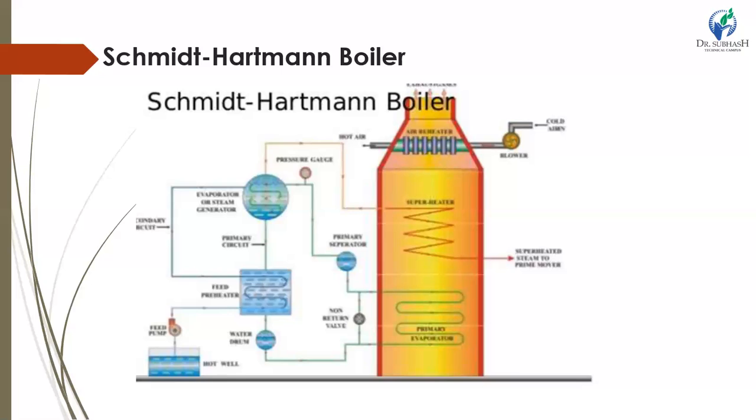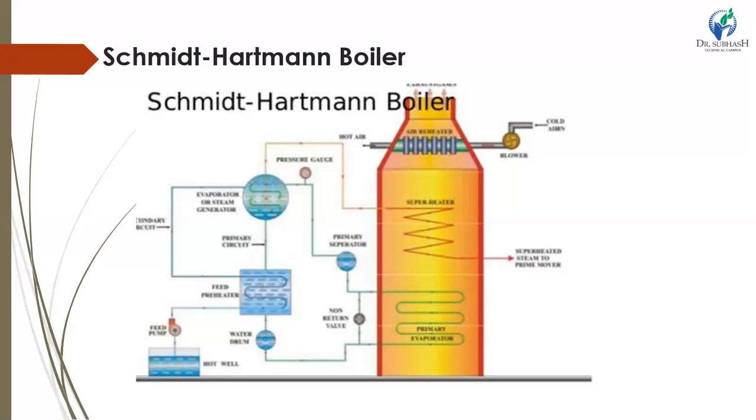The steam so formed is separated in the primary separator and passed to the submerged heating coil in the evaporator drum.